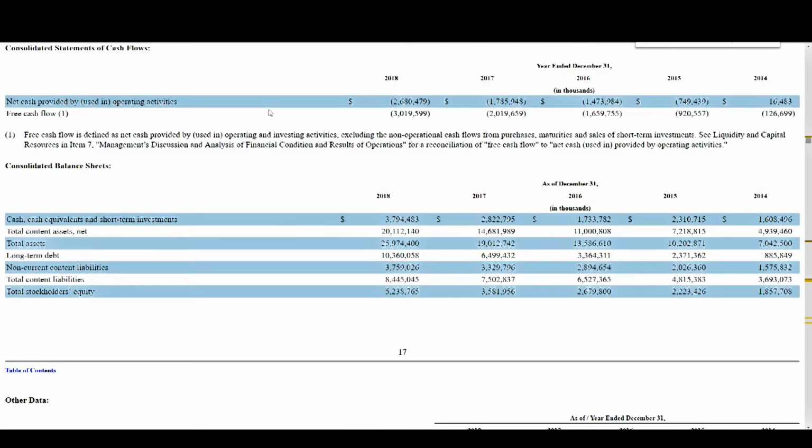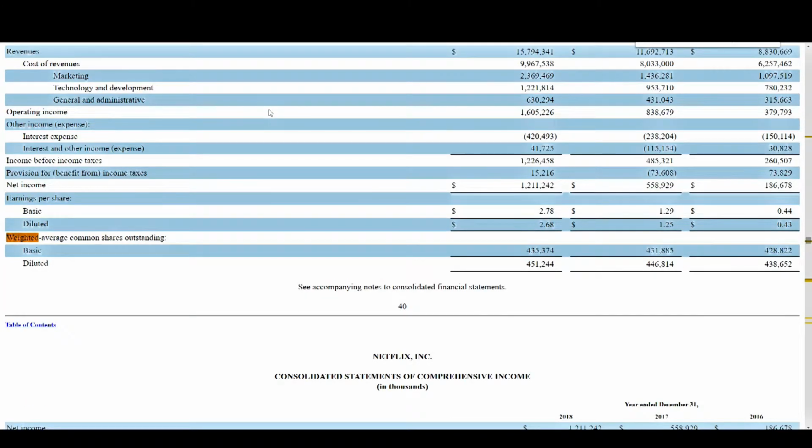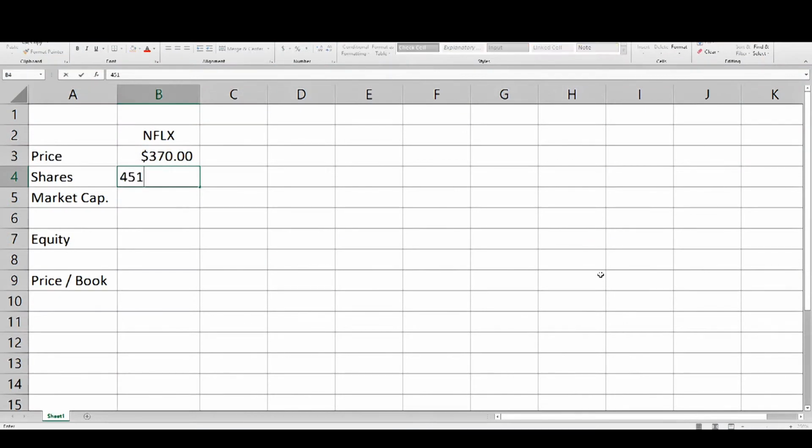I have it here already. I'm just going to do a quick control find, punching in "weighted." Weighted gets me to weighted average common shares outstanding. Let's use the diluted number, 451.244. And that means your market capitalization for Netflix is $166.9 billion, give or take.